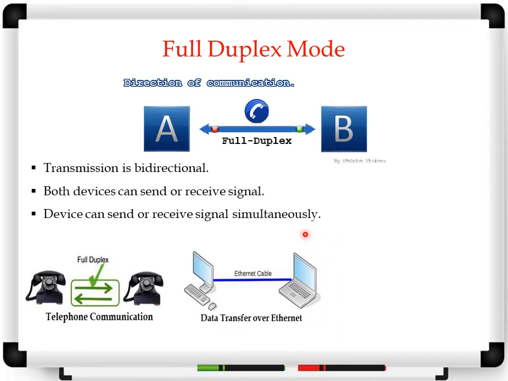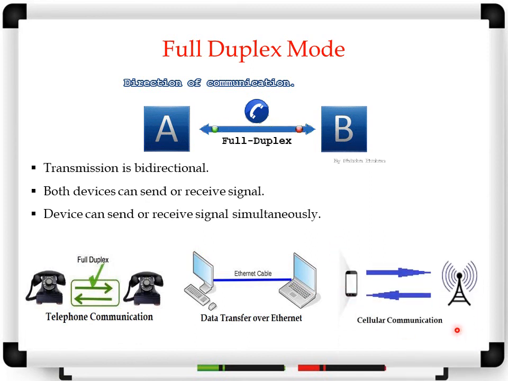Here there will be two twisted pairs, so the data will be sent from both the PCs to each other simultaneously. Third, cellular communication. In cellular communication, the two cell phone operators can communicate with each other simultaneously with full duplex communication. Hope you have understood the modes of transmission of signal.